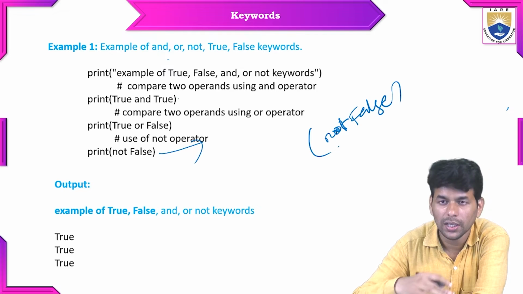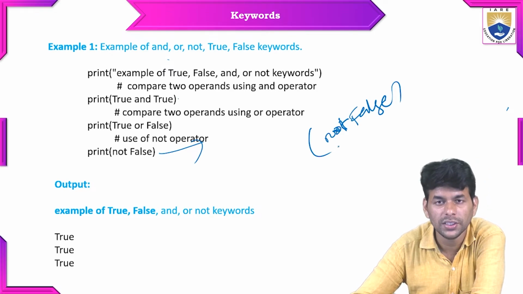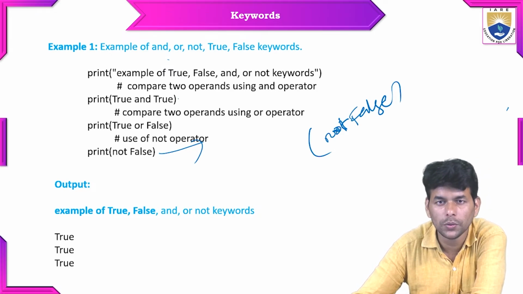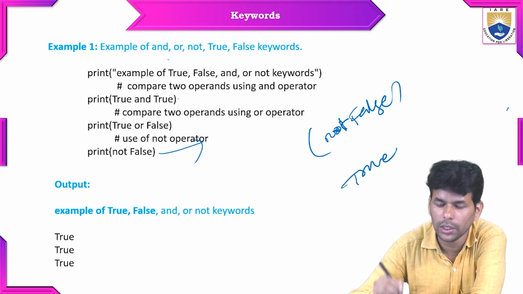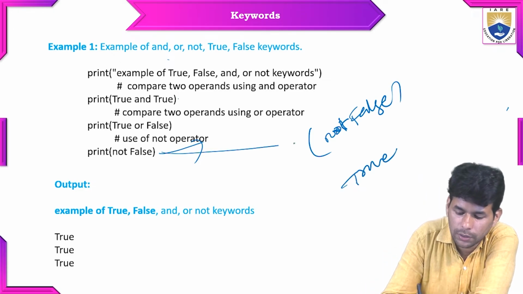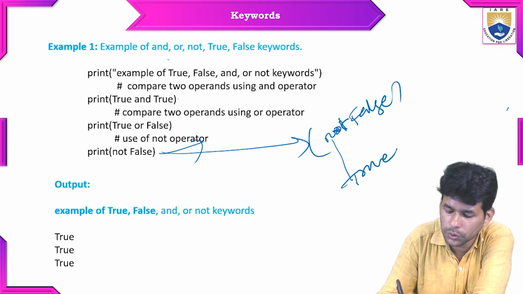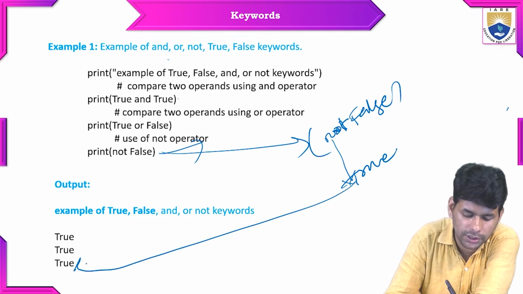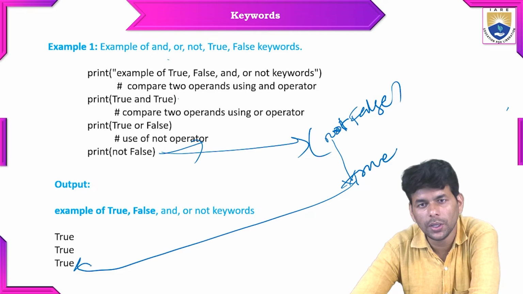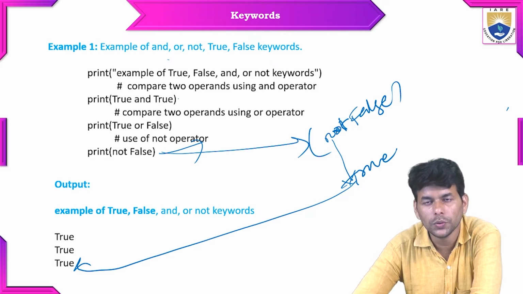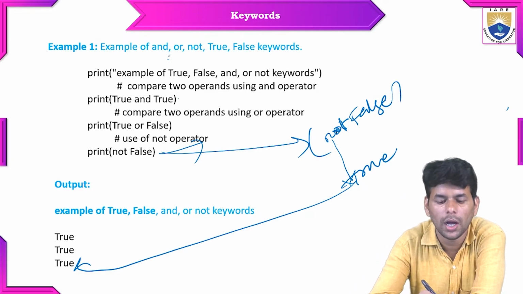So not means not correct, and false means it is also not correct. So two not corrects means it becomes true only. It will become true and it will be printed onto the screen as true here. So this is about the usage of the keywords and, or, not, true, false.